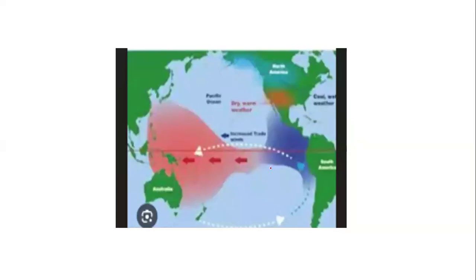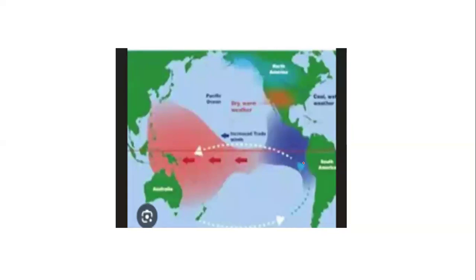The word La Nina is a Spanish word which means girl child. La Nina is a name given to the periodic development of cool water temperature at the surface of the eastern equatorial Pacific.